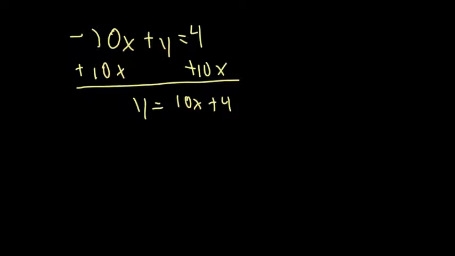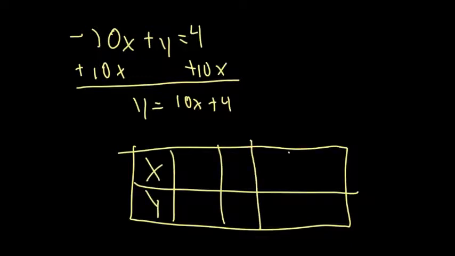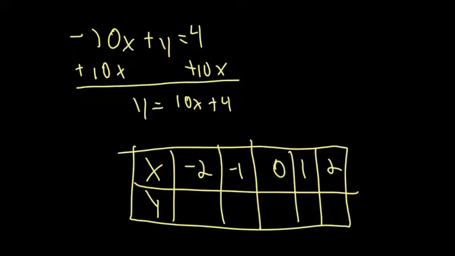So now we can do a function table. And let's say we have x, y. Let's put some values in here. Let's go with negative 2, negative 1, 0, 1, 2. Doesn't really matter what values you put in to do a function table. You're just going to put the numbers in. So negative 2 times 10 would be negative 20.